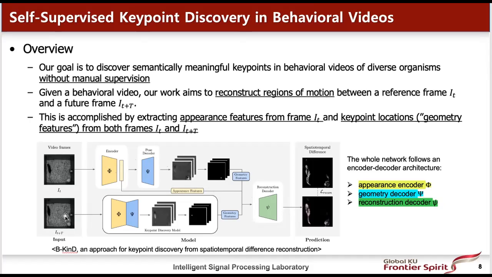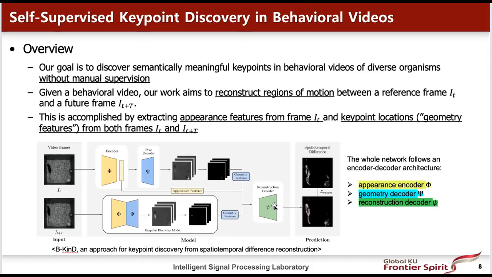For the future frame, I_(t+T), we use the appearance encoder and the geometry decoder to extract the geometry features. We concatenate the geometry features from both inputs and the appearance feature from the reference frame.